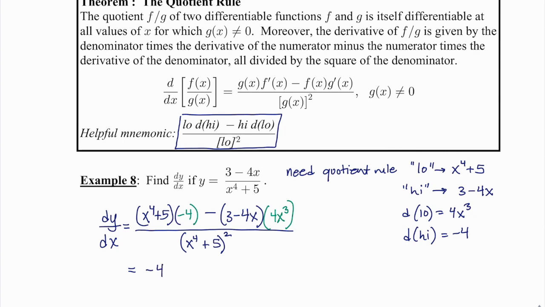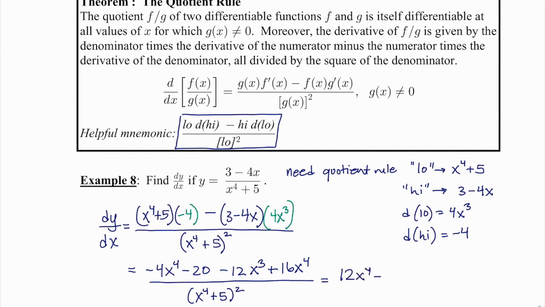That would be negative 4x to the fourth minus 20 minus 12x cubed plus 16x to the fourth over x to the fourth plus 5 squared. And if we combine some like terms there, we'd have 12x to the fourth minus 12x cubed minus 20 over x to the fourth plus 5 squared.